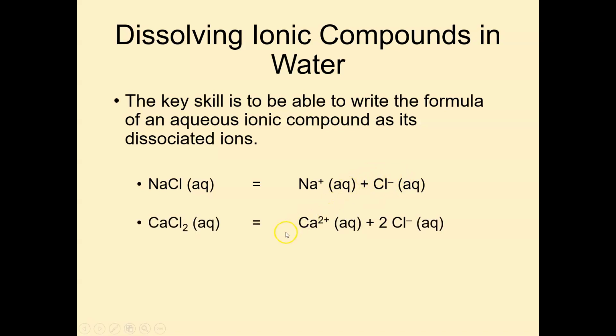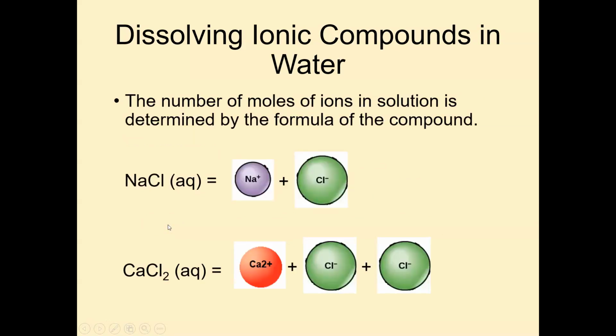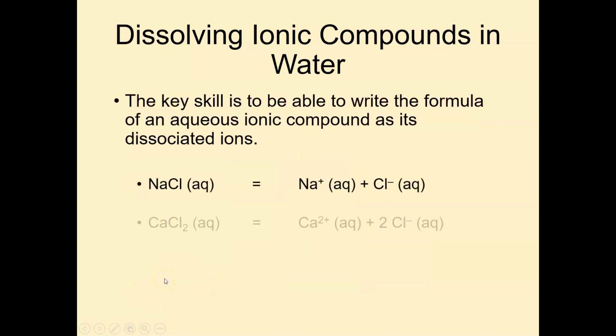If I have a mole of calcium chloride, remember back here, that calcium chloride gives me 1 mole of calcium but 2 moles of chloride because the subscript is 2. I write that as 1 mole of calcium chloride gives me 1 mole of calcium ions plus 2 moles of chloride ions.